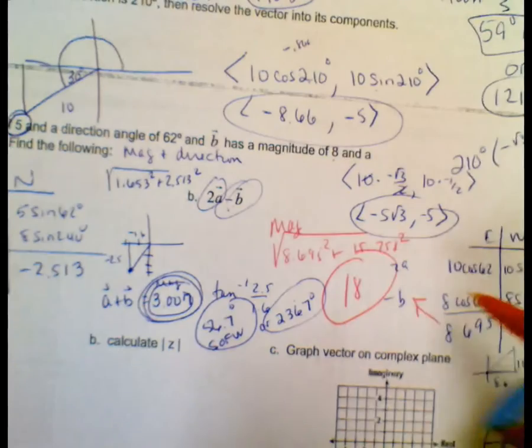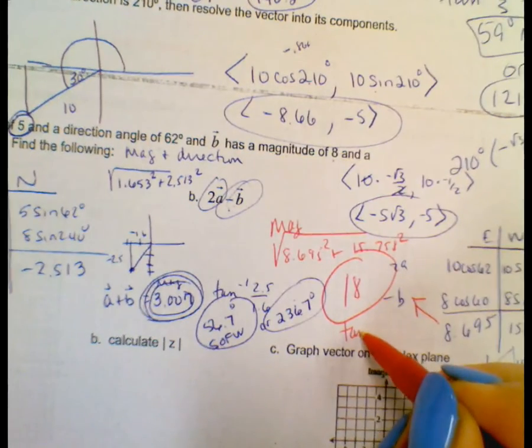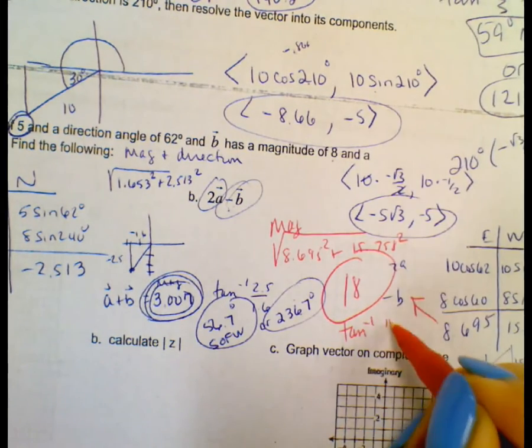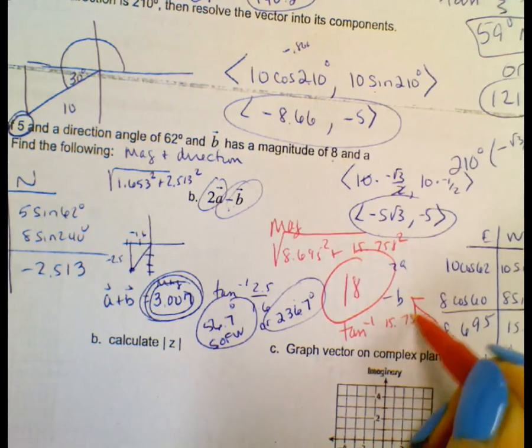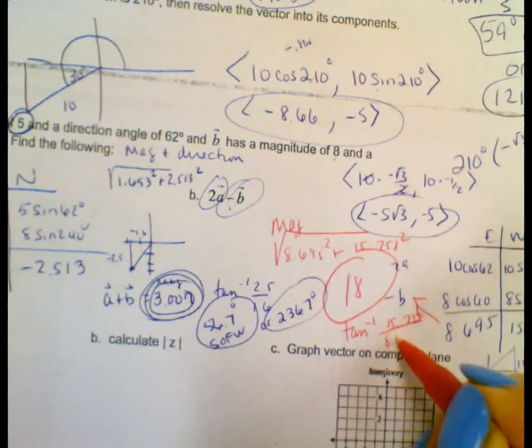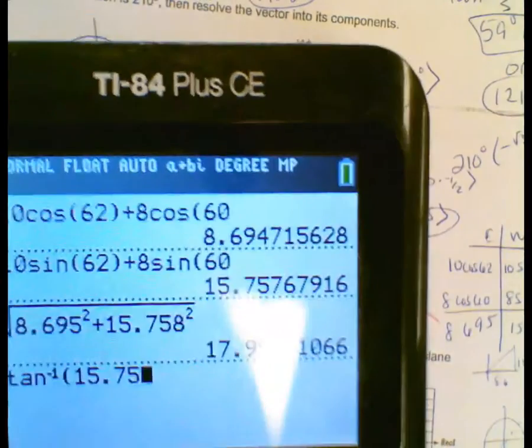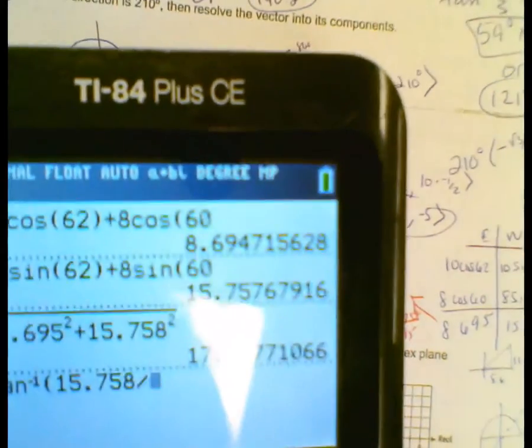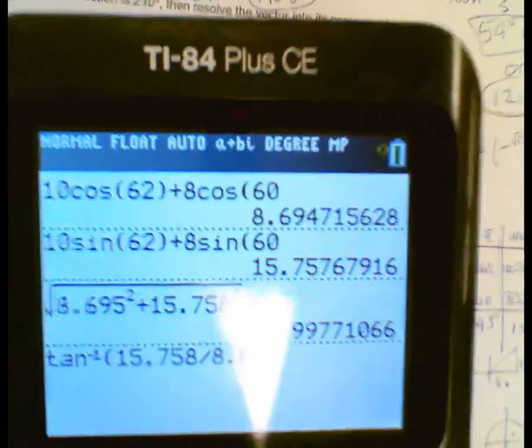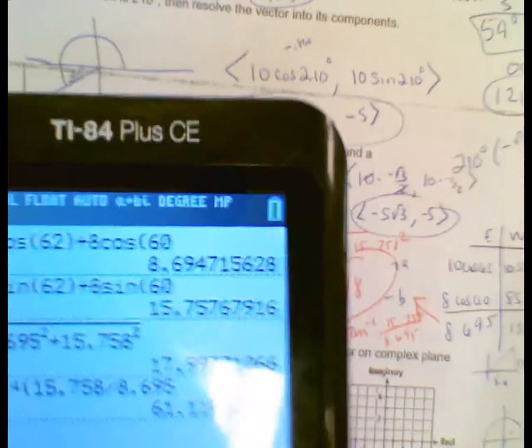And the angle would be arctan of 15.758 over 8.695. 15.758 divided by 8.695 is 61 degrees.